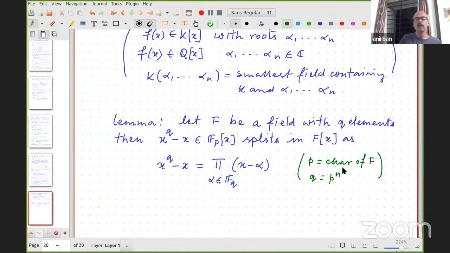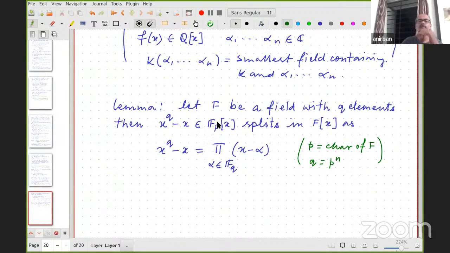Unless otherwise mentioned, p is a prime denoting the characteristic of the field, and the order of the field is a power of p. So what we are saying is that if we have a field of q elements, then this polynomial x to the q minus x splits completely in F.